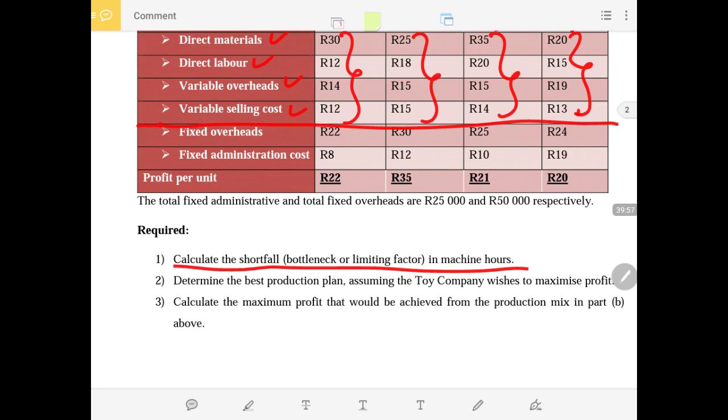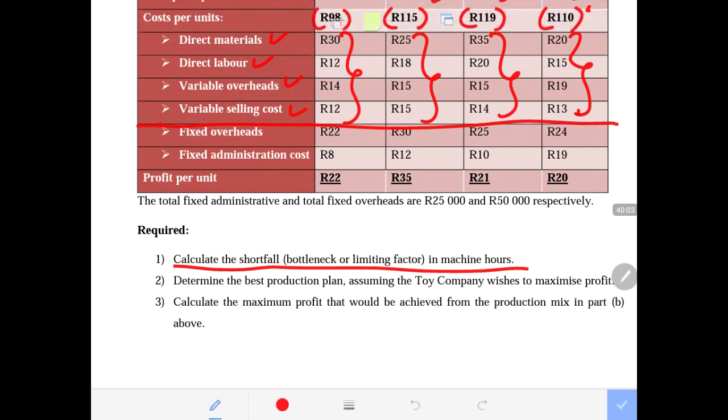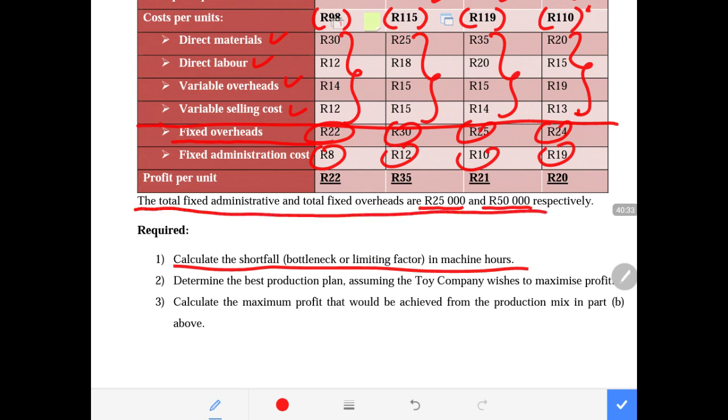And after we have multiplied by the contribution, I want to just caution you now, that profit, remember, is a total profit, and it is before we have taken into account the fixed cost, because we know that contribution is sales minus variable cost, and we had our fixed cost per unit here, and also they were per unit throughout. And in total, our fixed administration cost in total were 25,000 and 50,000.